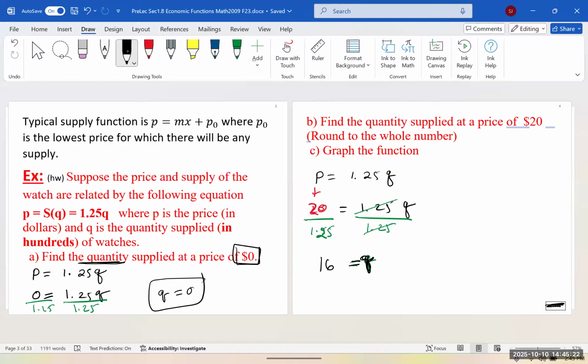Oh, it is in hundreds. Here the quantity supplied is in hundreds. So you're going to produce 16 of them, but in hundreds. So how many total? 1,600 watches.